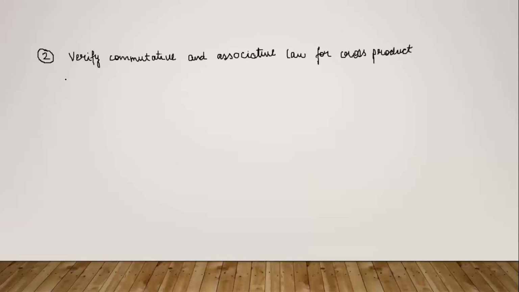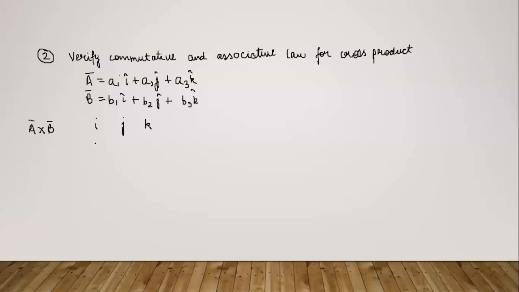So coming to the commutative law first. Let's suppose vector A is A1 i plus A2 j plus A3 k, and vector B is B1 i plus B2 j plus B3 k. And first we will calculate A cross B. So we will write i, j, k, A1, A2, A3, B1, B2, B3.